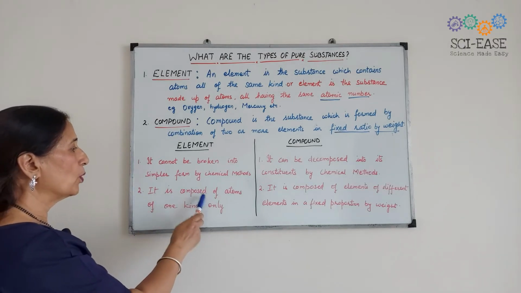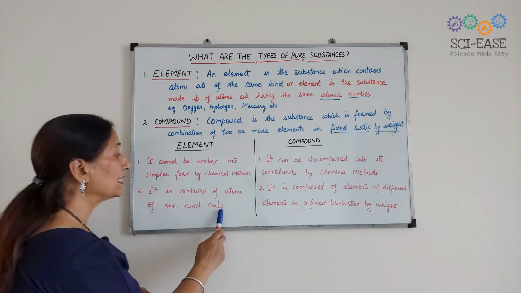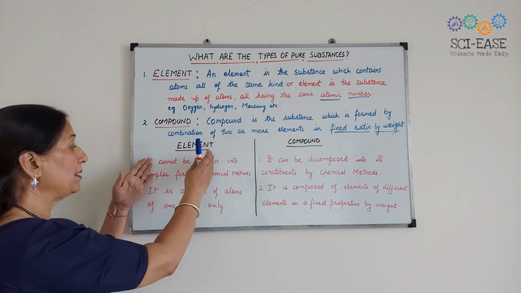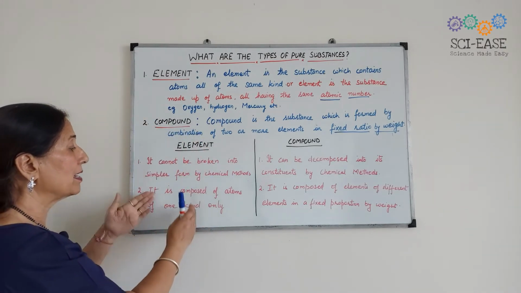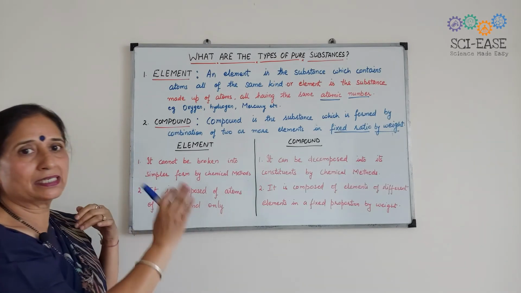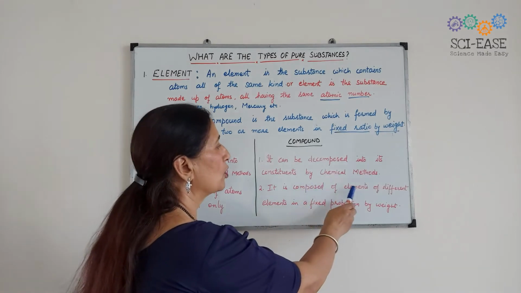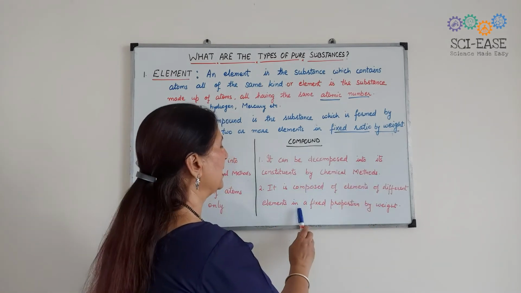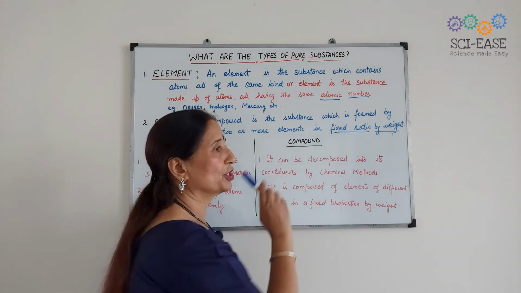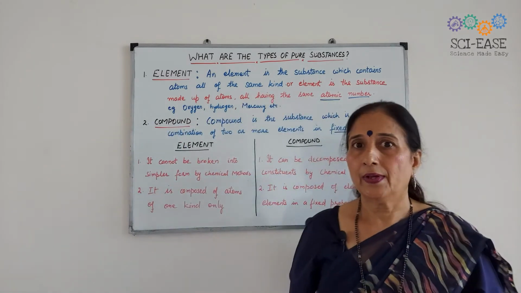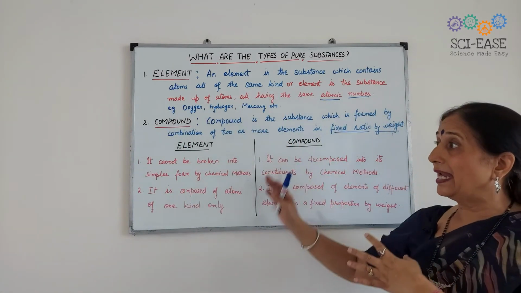Element is composed of atoms of one kind only. That I have explained in detail. Compound is composed of different elements in a fixed proportion by weight. So this is the difference between element and compound.